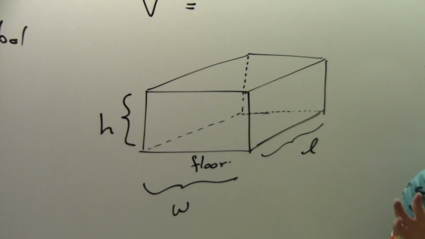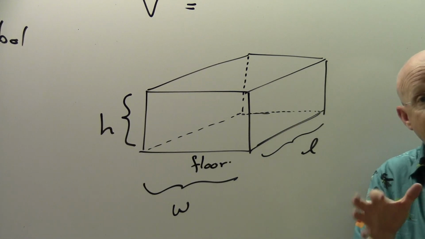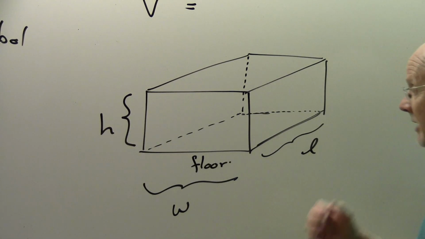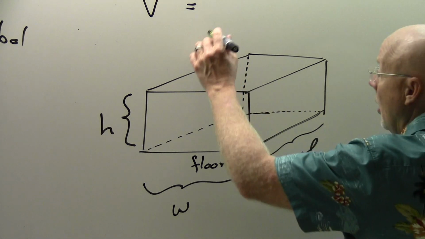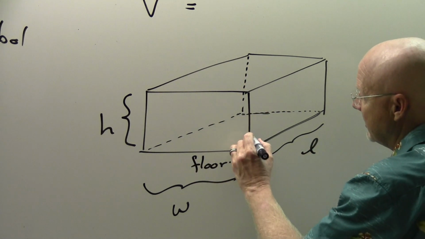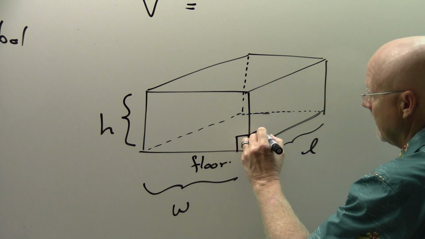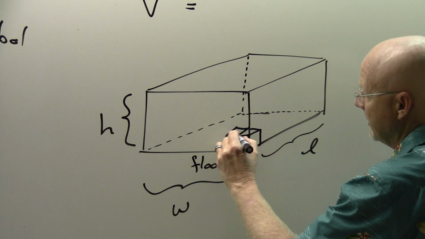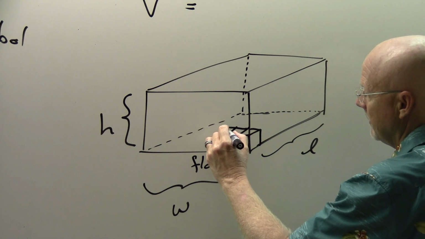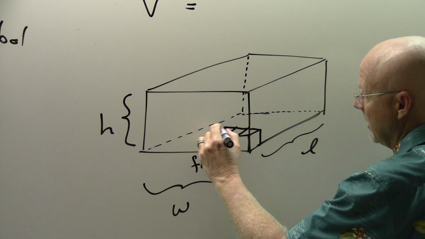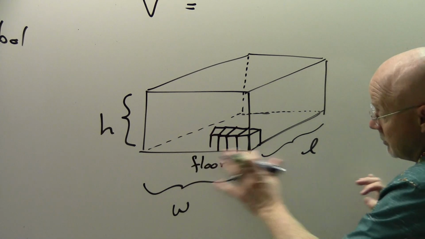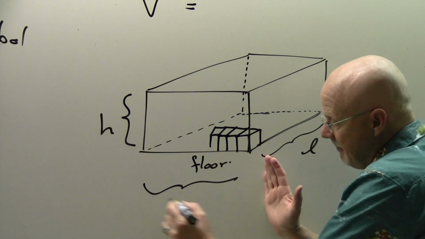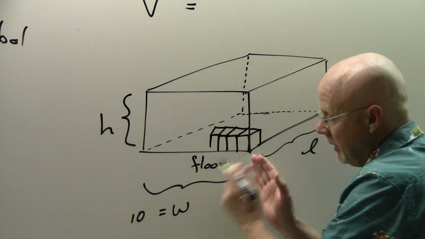And if you were trying to figure out the volume of this room, if you wanted to know how much air you had to cool, you would do something like this. You would say, okay, what I would have to do is take a box and another box and another box. And as we already talked about, I would get 10 boxes over to here.